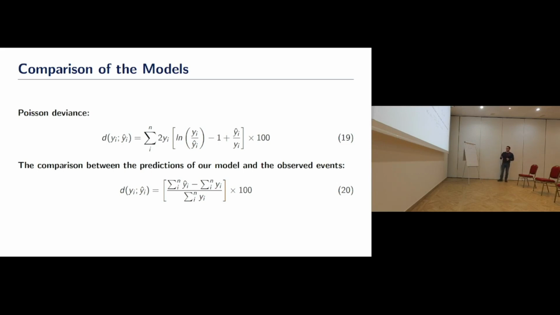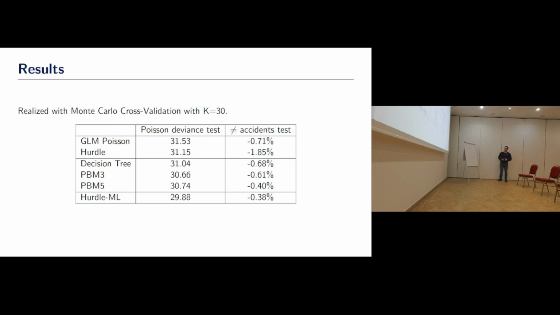And here are my results with the cross-validation with k equals 30. Here I put some other models from the literature. I put the classic Poisson regression. Here we have a single tree. Here we have a Poisson boosting model with depth equal 3 and 5.